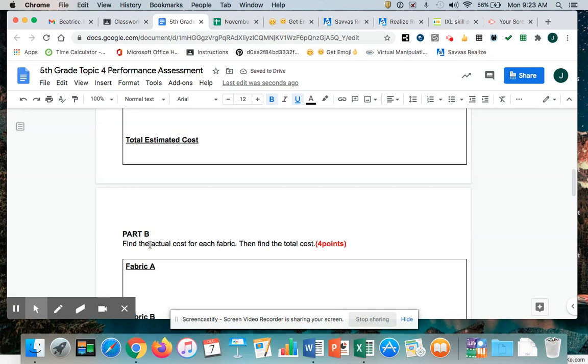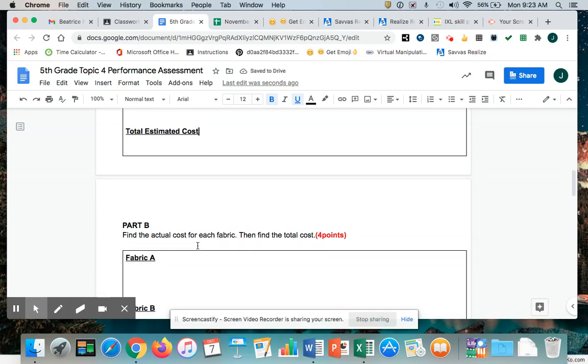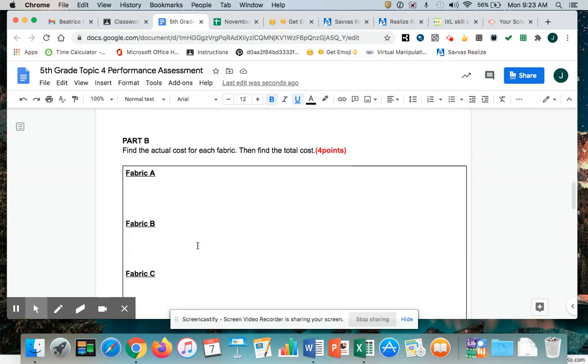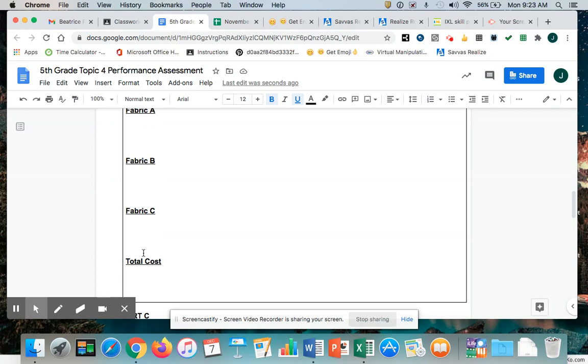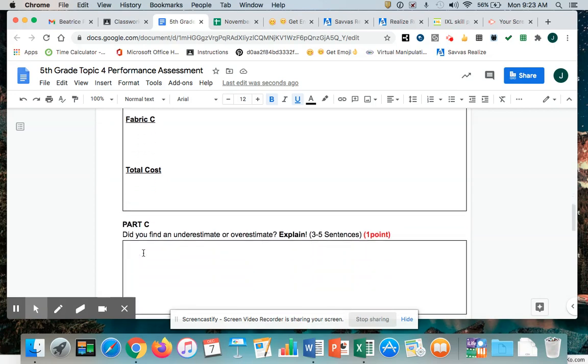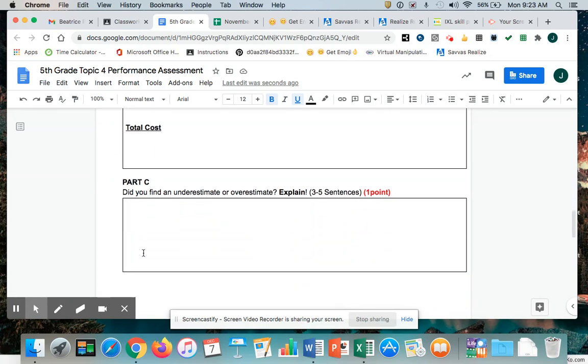Part B, find the actual cost for each fabric. Then find the total cost, 4 points. Fabric A, fabric B, fabric C, and then your total cost. Part C, did you find an underestimate or an overestimate? Explain. 3 to 5 sentences worth 1 point.